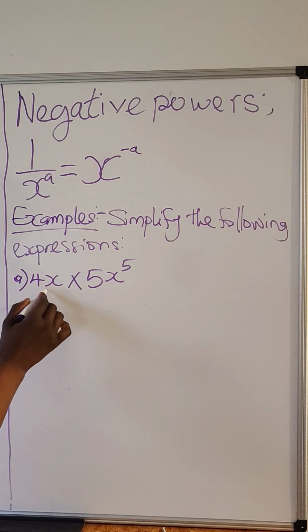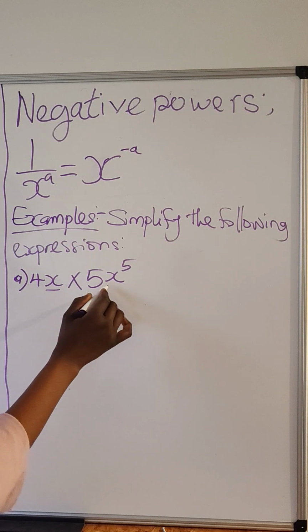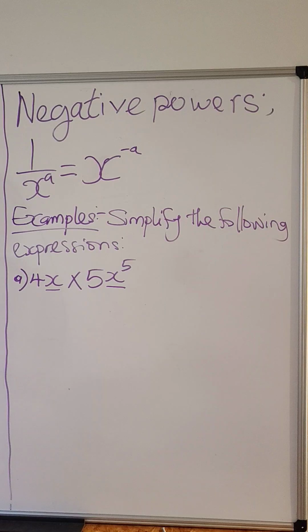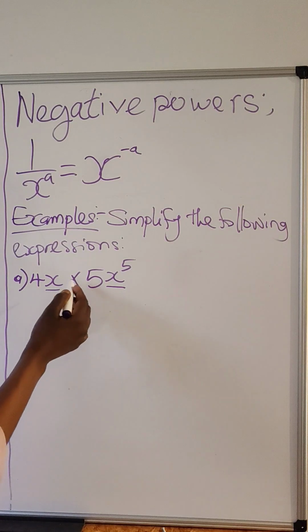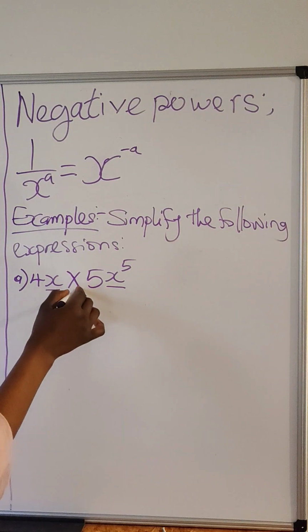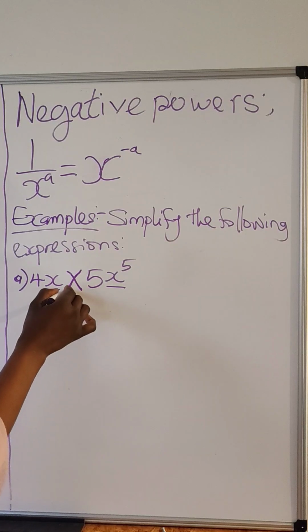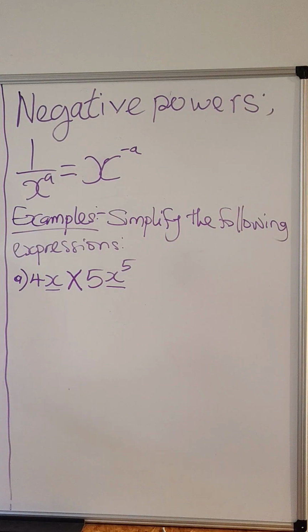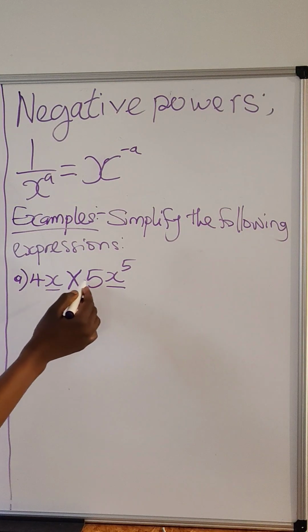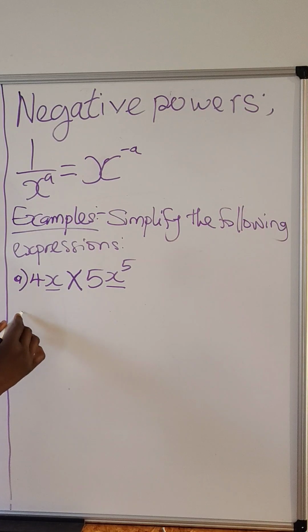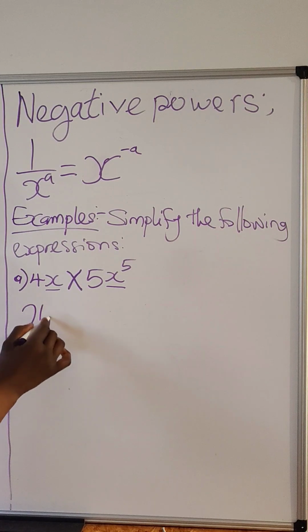From here we can see that the letter x is the same thing as the letter x. Since we have multiplication as the operation here, we're going to multiply 4 by 5, which gives us 20.